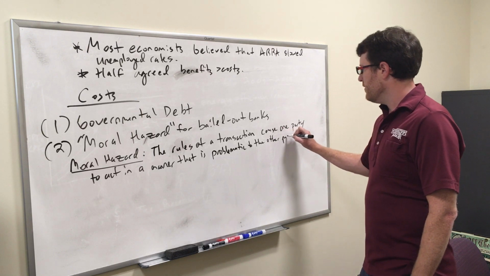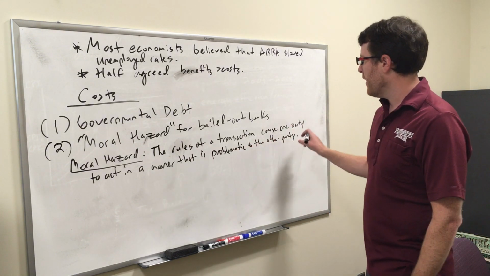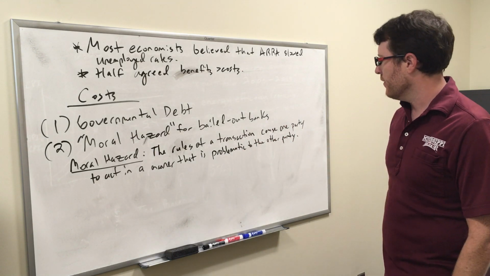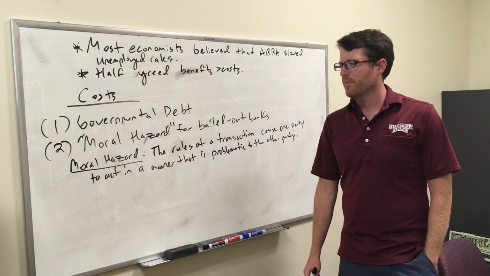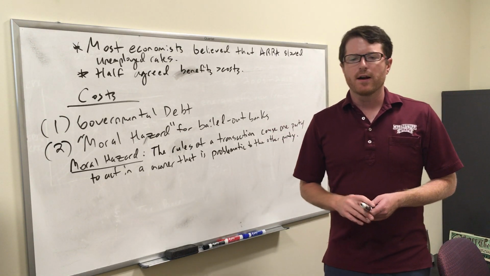This is the general definition of this term. This is when the rules of a transaction cause one party to act in a manner that is problematic to the other party. Moral hazard is, again, a very general term. It can be applied to a lot of things.